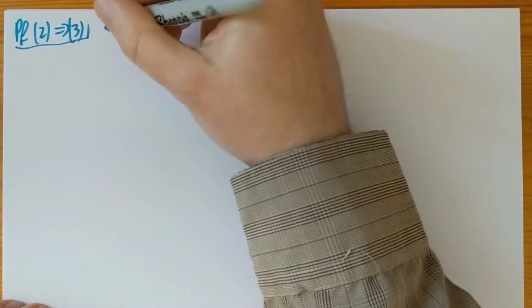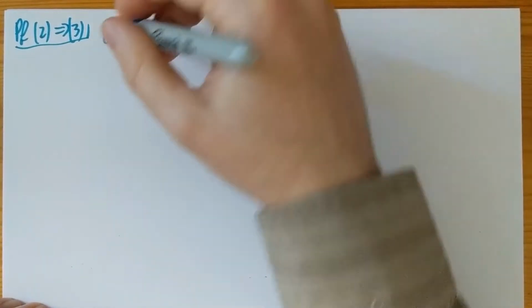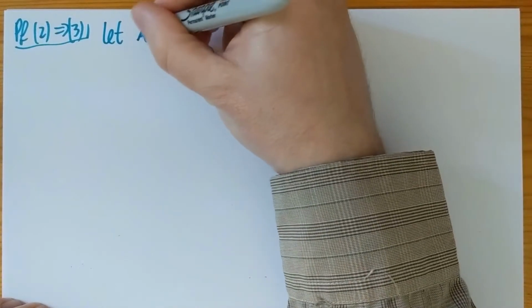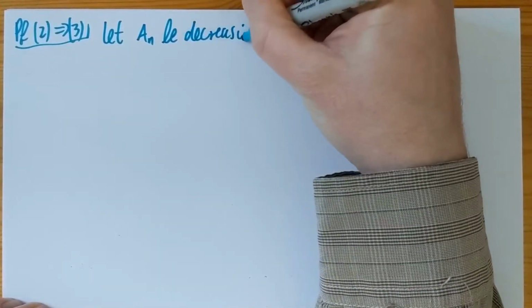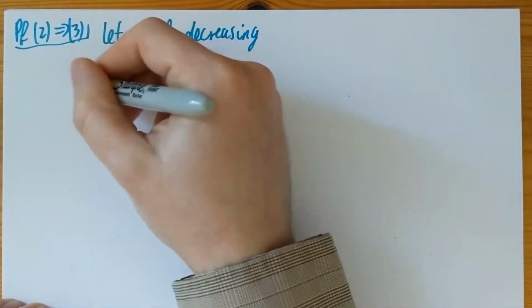Okay, so how do we do that? So we want to say something about 3, so we're going to take a decreasing system. Let an be decreasing in n. What does that mean?